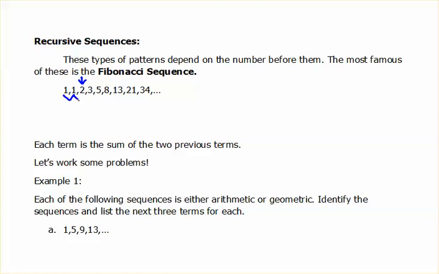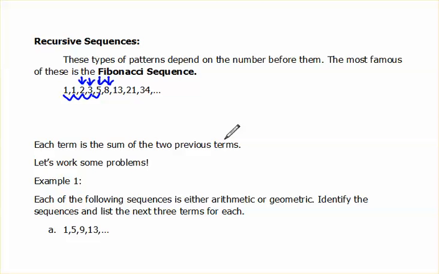If you add 1 plus 2, you get 3. If you add 2 plus 3, you get 5. If you add 3 plus 5, you get 8. So each term is the result of adding the two terms before it. Each term is the sum of the two previous terms.